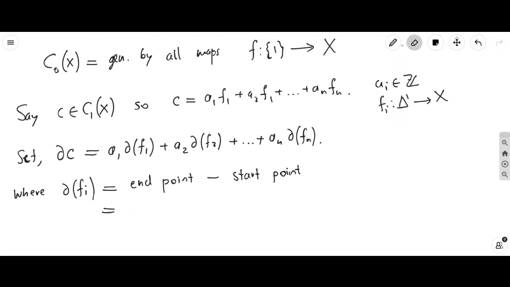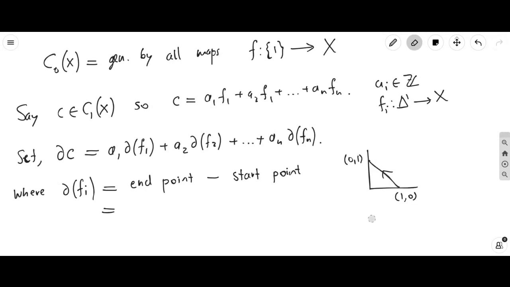Now let's just recall how the orientation works. So the way the orientation works is you go like this. This is where you start, and this is where you end. So you first set the first coordinate, technically x0 is equal to 1, and then you set x1 is equal to 1.